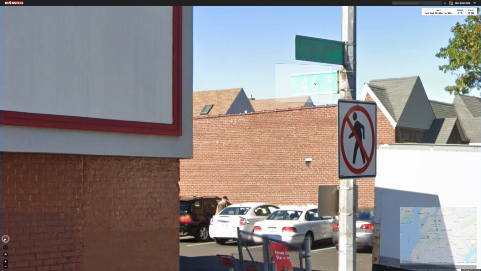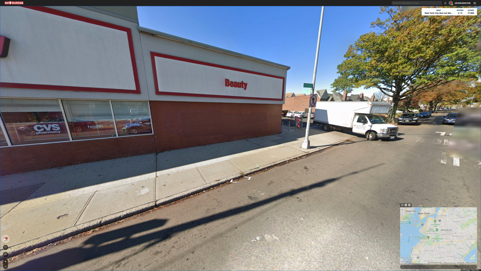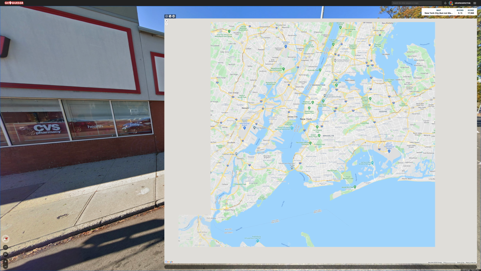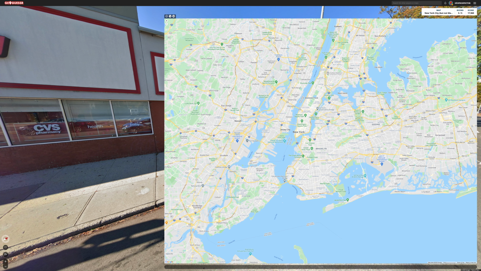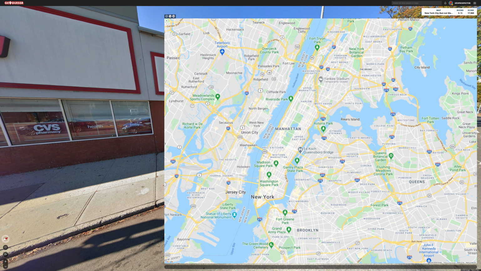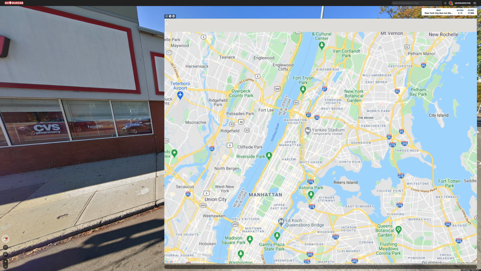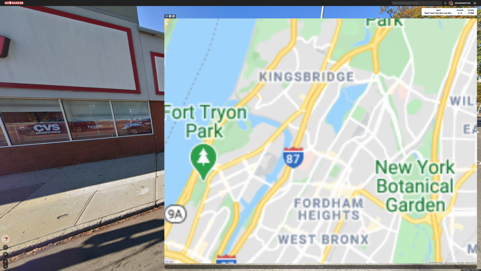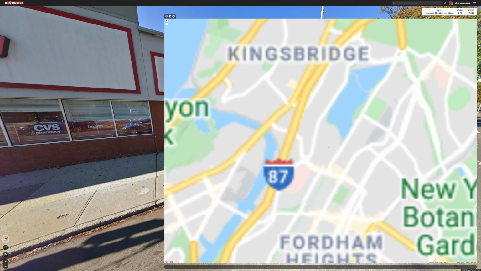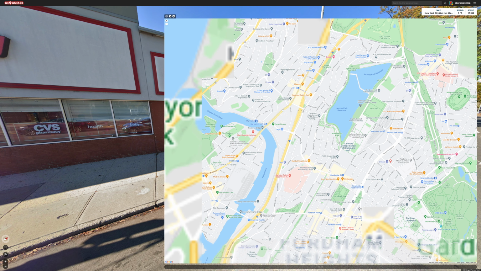Utopia. Wow, that's strange. Okay, so we're looking for Utopia and 46th. Well, this is a weird one. I'm not sure what to make of this. Maybe let's try the Bronx. This internet needs to hurry up.